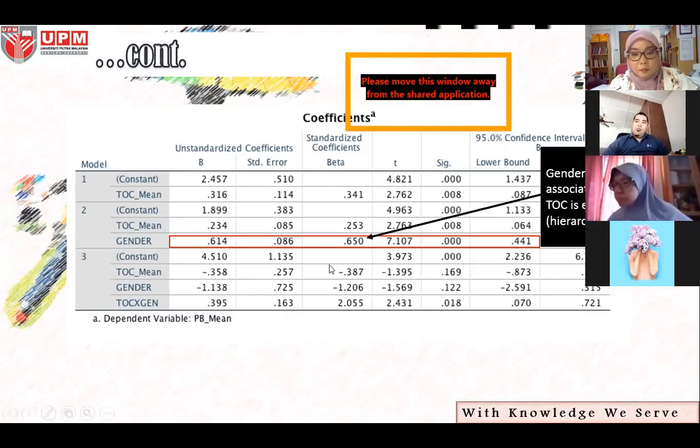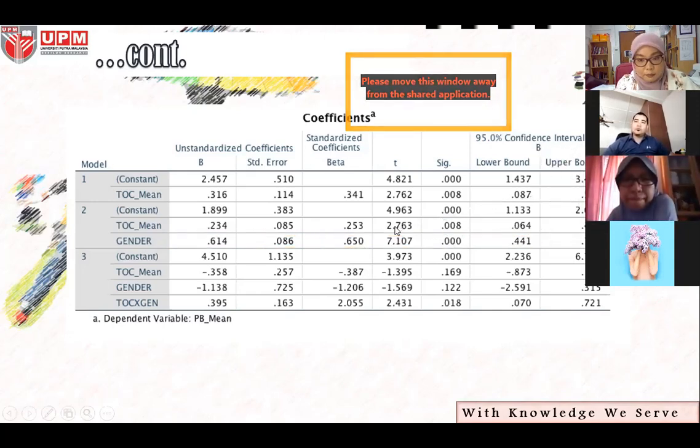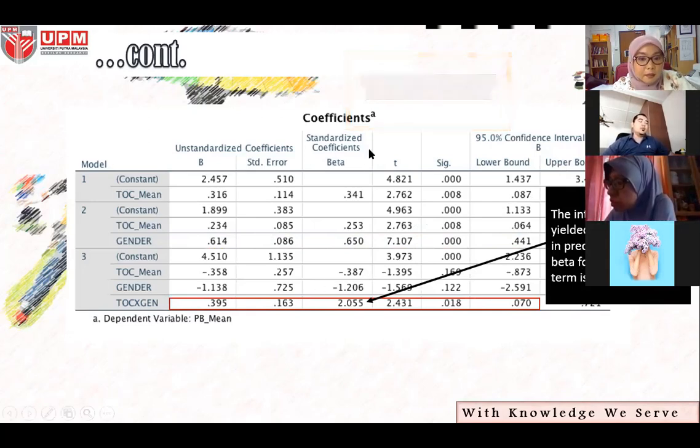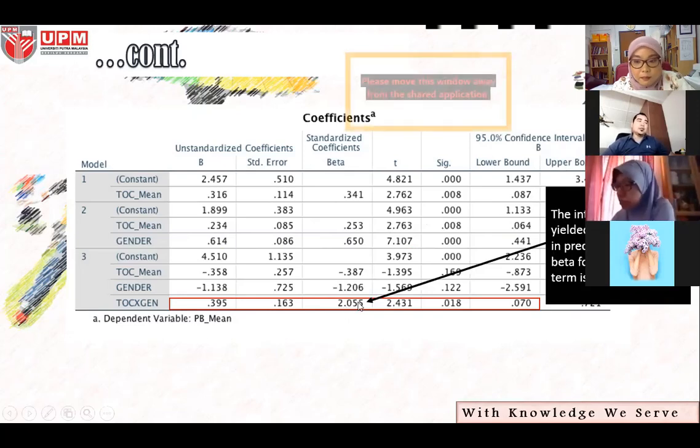So here the result also showed that there is a positive relationship, and the result is also significant. Then this is what we want, the interaction term. The beta is positive 2.055, and the result is also significant.